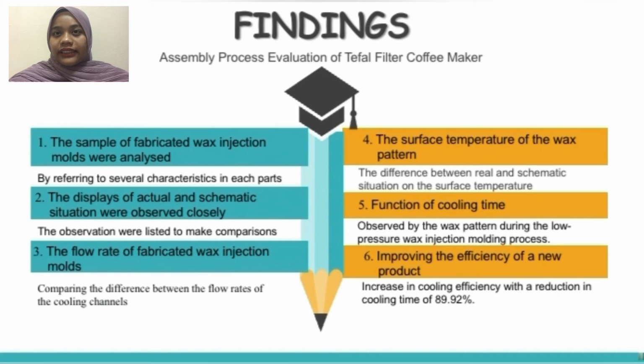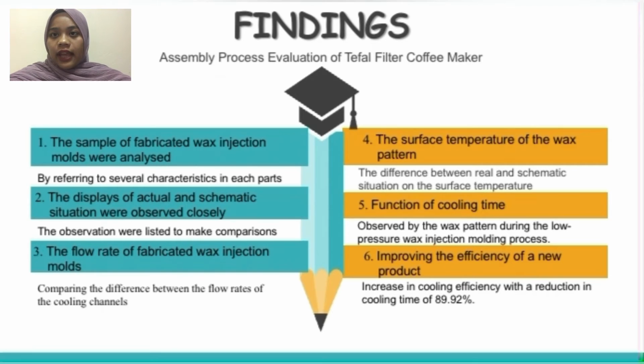It can then be used in a region of the mold that cannot be cooled effectively with the conformal cooling channel series C. As for the example of fabricated wax injection mold with traditional cooling channel A, due to non-uniform mold cooling, a longer cooling time will be produced.